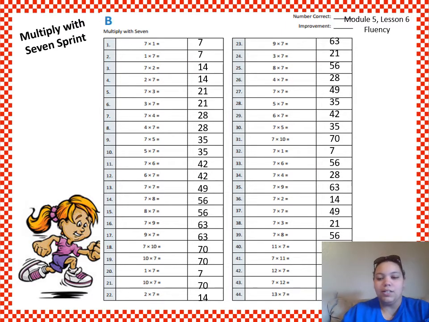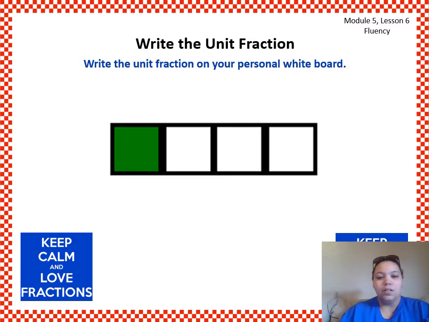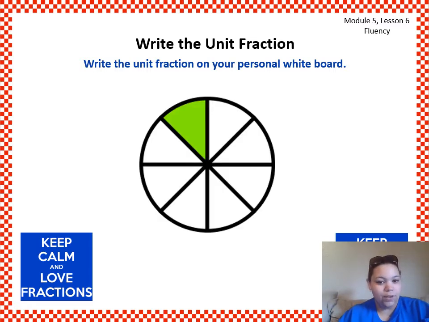Okay, let's go ahead and get into our warm-up. So you're going to say the unit fraction that you see shown here. So on this picture, the unit fraction is 1/2. This unit fraction shows us 1/4. This unit fraction shows us 1/8.